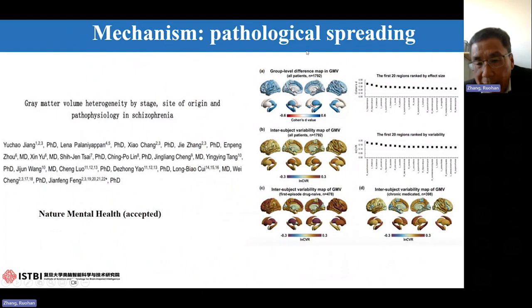How does it spread from one area gradually to the whole brain? So we do look into more details on the mechanism side. The paper is just accepted actually. So if you have interest, I'm happy to discuss with you afterwards.